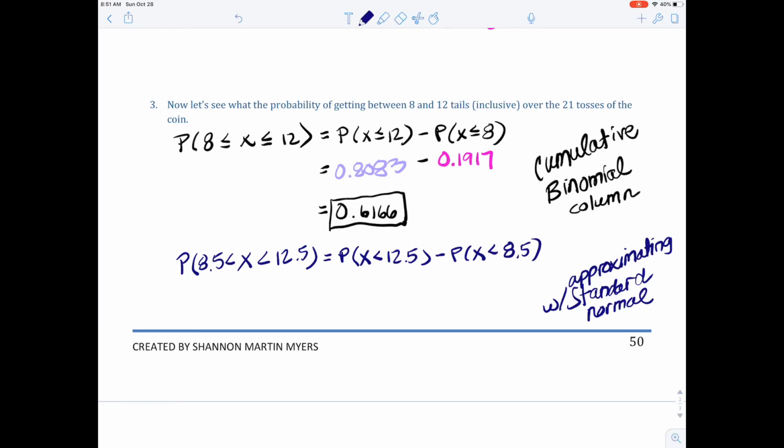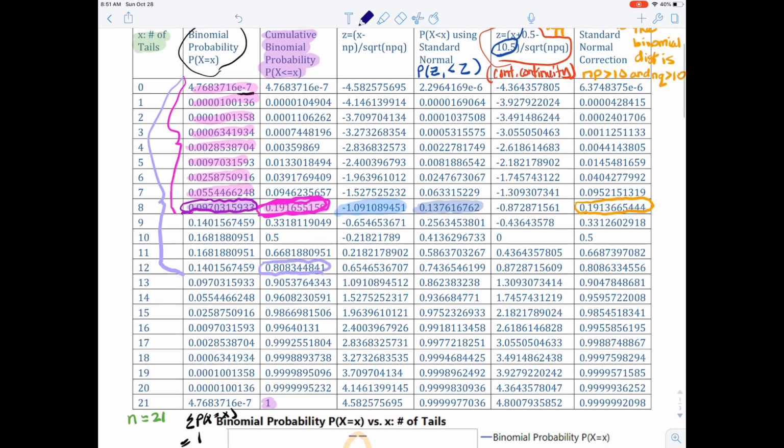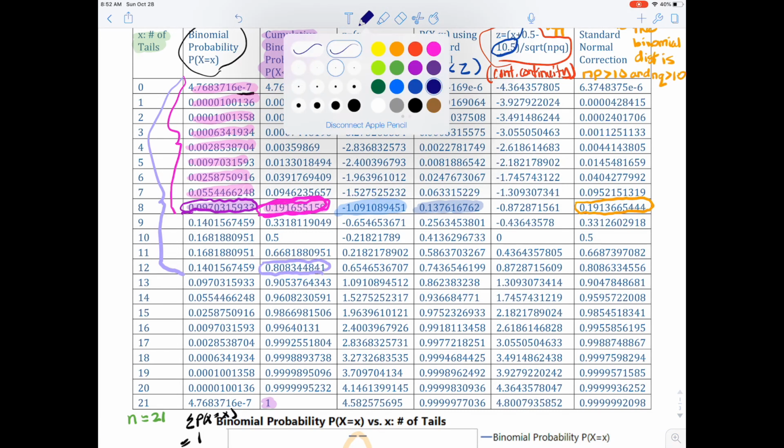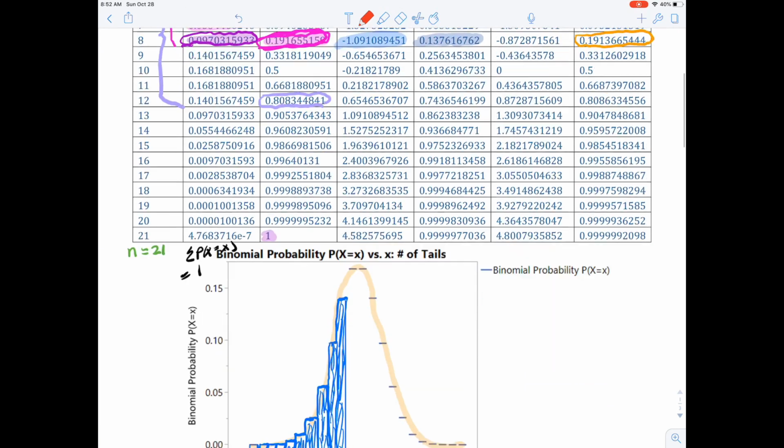Now we standardize these scores, right? And so when I standardized them, for the 8, using the continuity correction, I got approximately negative 0.87, and then so we have negative 0.87 and negative 0.19.